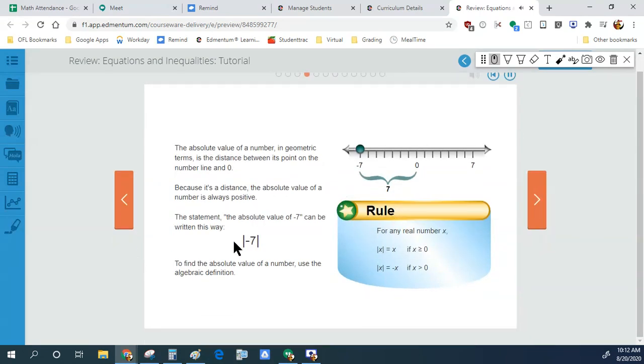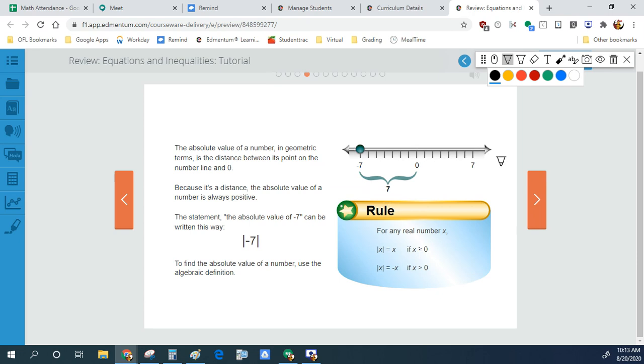One of the things you want to remember for absolute value, in case you guys are having trouble with absolute value, is this idea that it's always positive. So that's what I like to call the distance. The distance is always positive. Even if it's on the negative side, you don't say, I walked -7 feet. You always just say, I walked 7 feet.